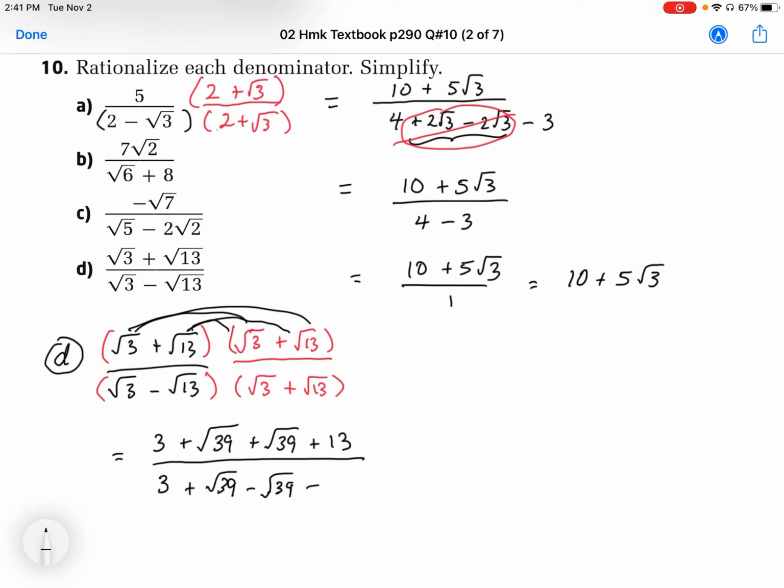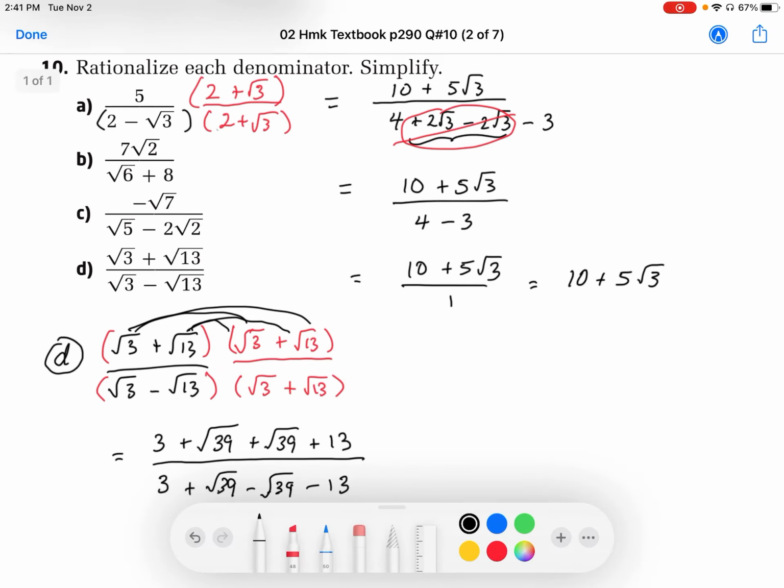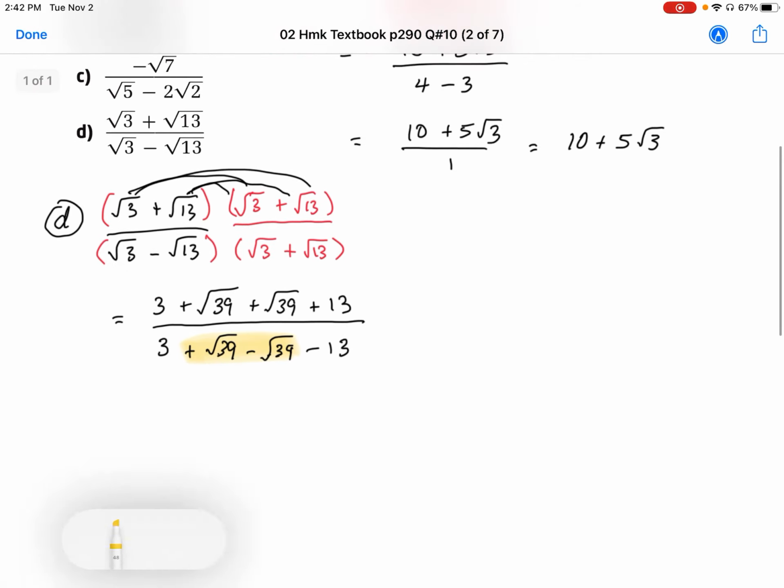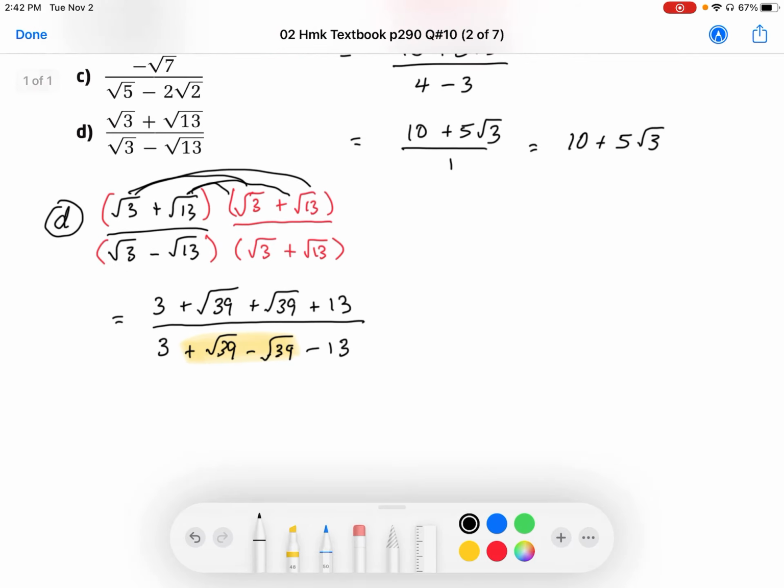And then negative root 3 times positive root 13 is going to be negative, and I'm going to end up with a minus 13 there. Again, the key was to generate that zero pair there, and that allows me to then rationalize the denominator.